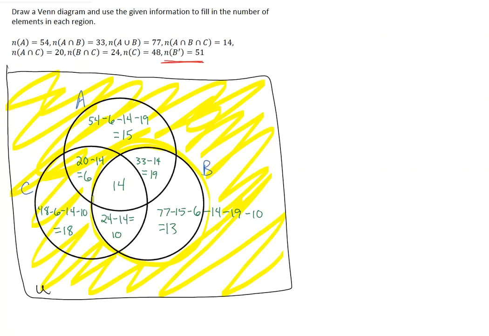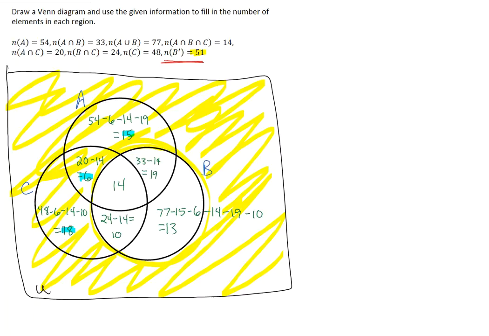So then what we can do is take our number 51, which is how many elements are in that yellow part, and we can subtract off all of the elements that are inside one of the regions. Oh, I'm doing that wrong. Hold on. That are inside the regions there that we don't want to include in our universal set that's outside of any of the regions.